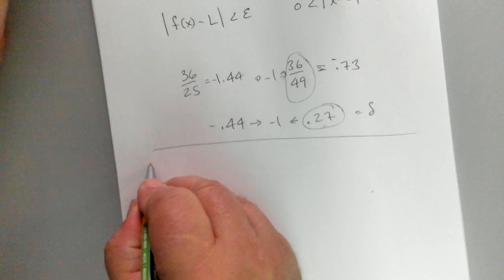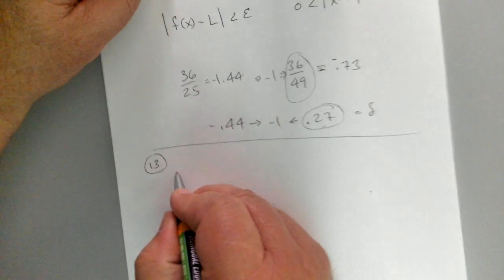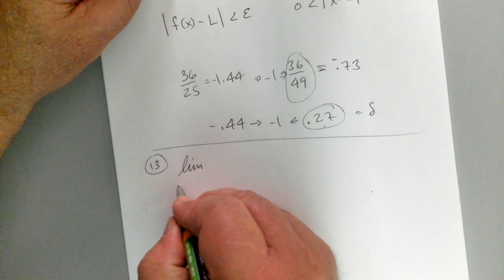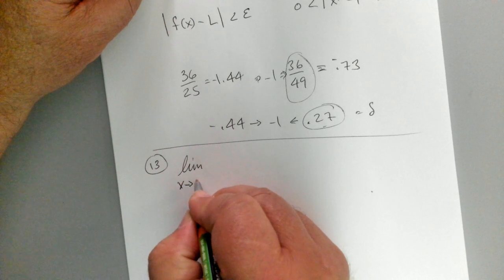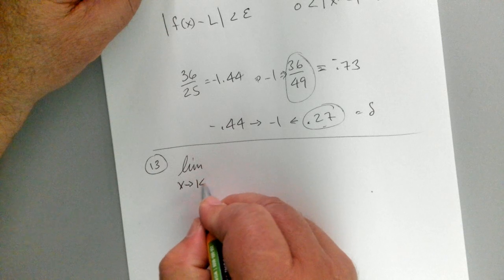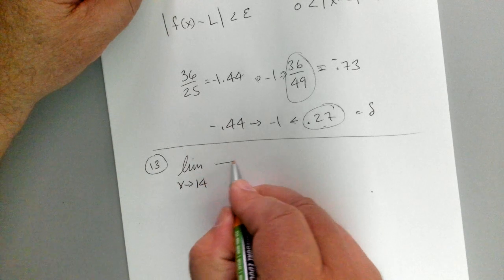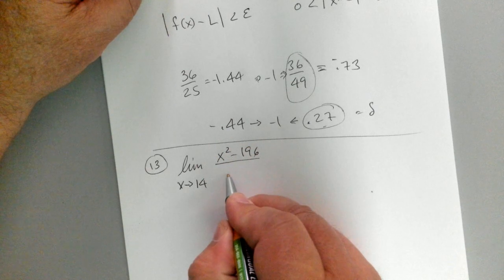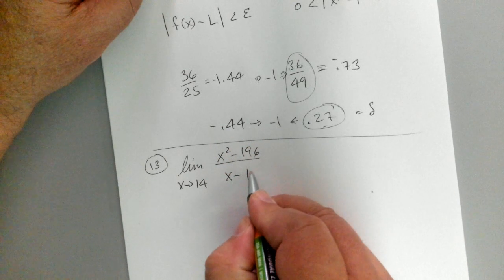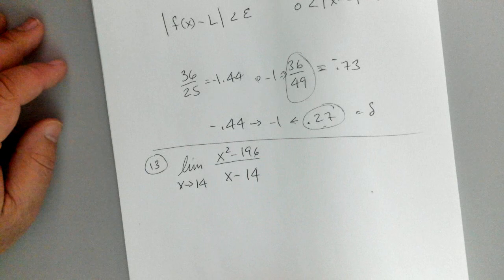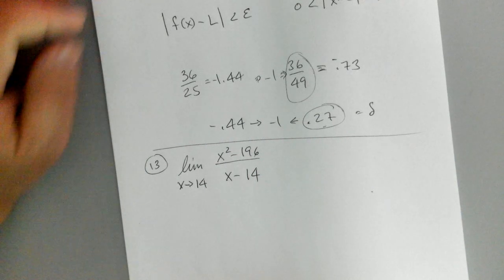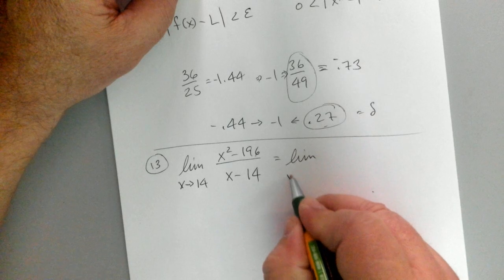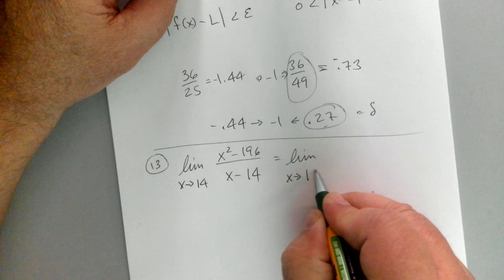If we just plug in our values, what do we get? We get 0 over 0, which means we've got to factor it out. Is the numerator a perfect difference of two squares? Yes.